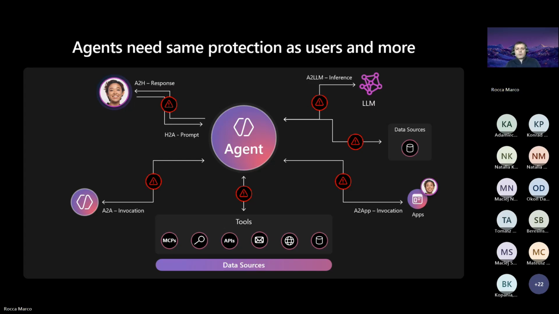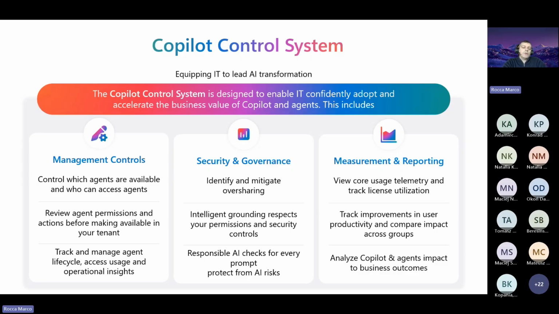And to do this, you have different tools that you may use. In the last year, Microsoft introduced the Copilot Control System, a platform that joins different tools existing in the M365 Admin Center and Power Platform Admin Center, and allows you to manage the agent.